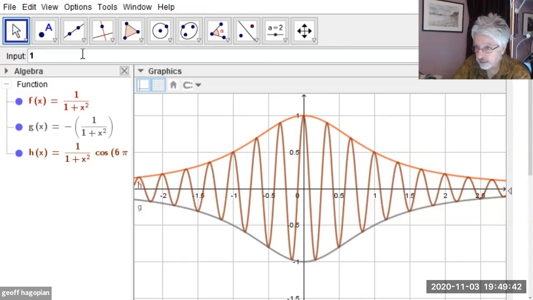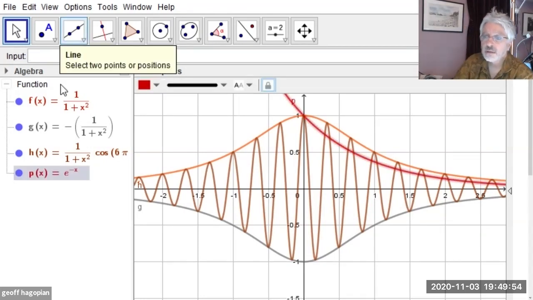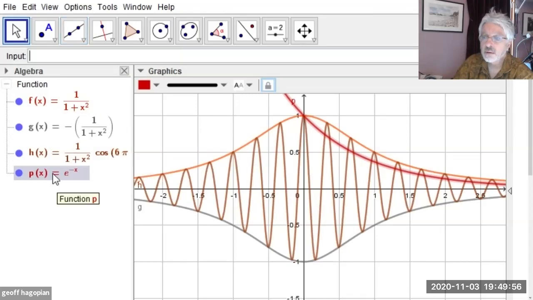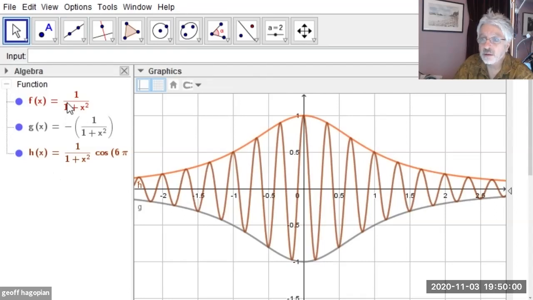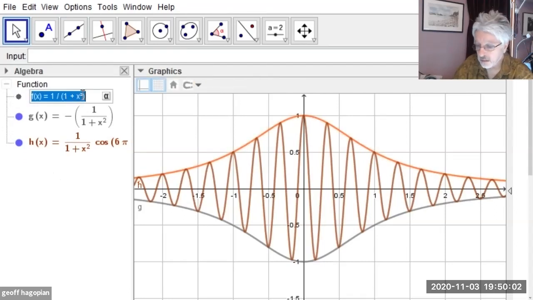Well, this was sort of an example, right? You can see a decaying amplitude, right? Well, typically you have like an exponential function. So I'm going to say exponential. So this is e to the negative x. Oh, I don't want that. I want to change this to be e to the negative x.